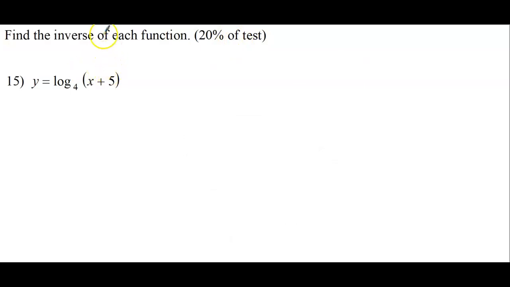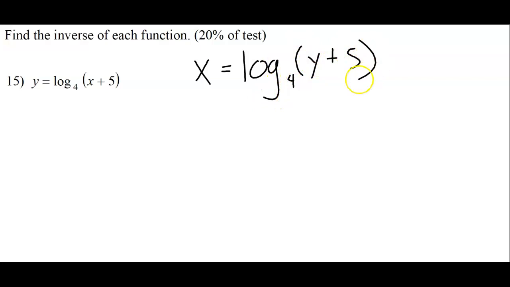Notice we have parentheses this time. Step 1, switch the x and y around. Now, on this one, I'm not going to get rid of the 5 first. The reason why is because that 5 is in parentheses with the y, and therefore it's part of the log. So I need to get rid of the log before I can get rid of the 5. So I'm going to exponentiate both sides to get rid of the log using a base of 4.